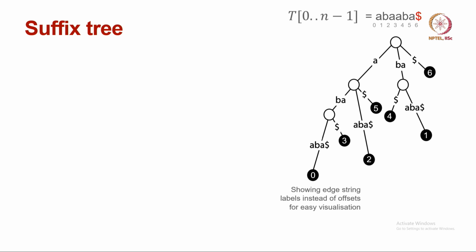So, in the next slide onwards, I am not going to show you the edge labels in terms of offset and length. I am going to use the string labels themselves, because that allows for easy visualization. However, when I am implementing in software, I am going to use the offset and the length, but for visualization purposes, I am going to show you the actual strings. Okay, so let us look at the properties of suffix tree.